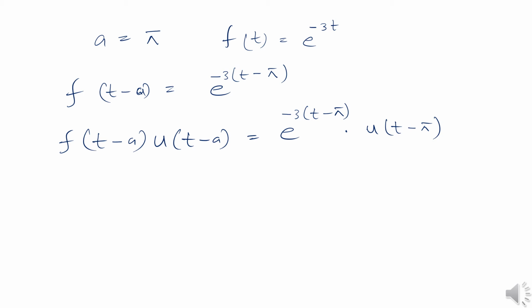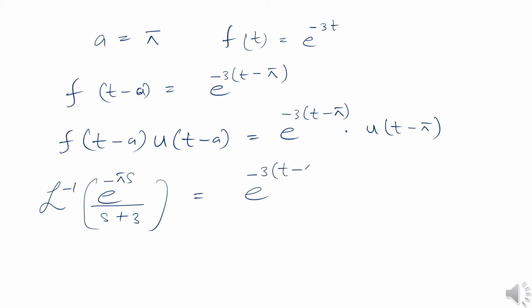So we get to the answer: the Laplace inverse transform of e raised to the power negative pi s over s plus 3 is simply equal to e raised to the power negative 3 multiplied by t minus pi, multiplied by the unit step of t minus pi. So this is our answer, and now we'll take another example for good understanding.